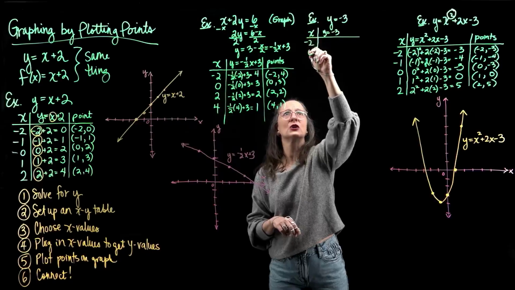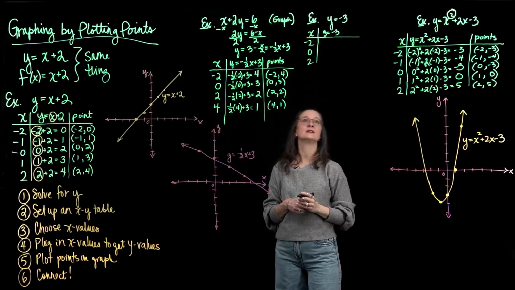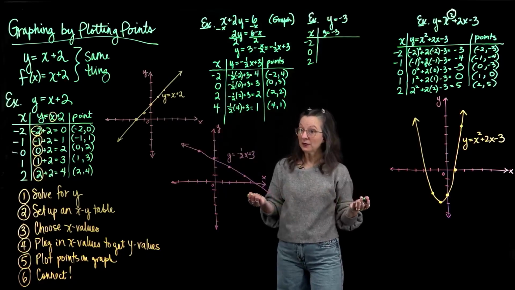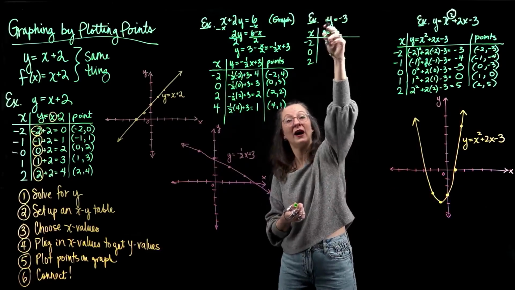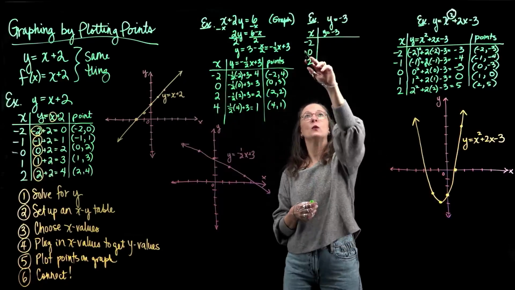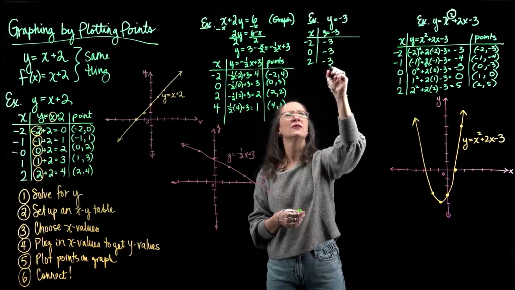So let's say I chose my x values to be negative 2, 0, and 2. Well, I can't plug an x in. There's no x to plug into that y rule.